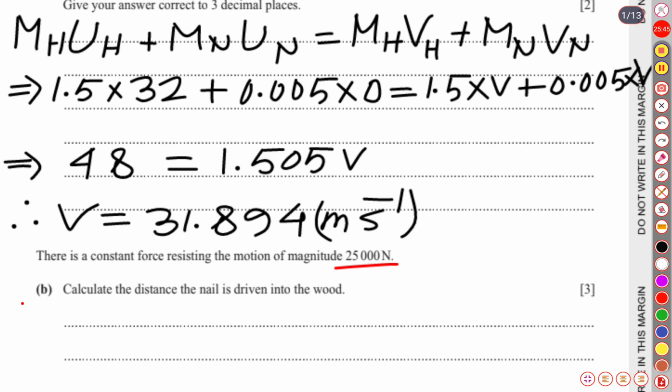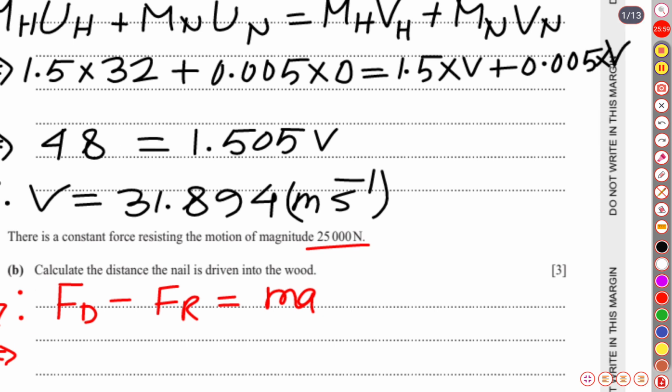So the direction of the nail and hammerhead is vertically downward, and our concept is driving force minus resistance force is equal to mass into acceleration. Let us see what the driving force actually is. What is the external force?